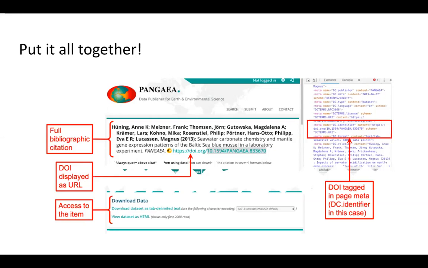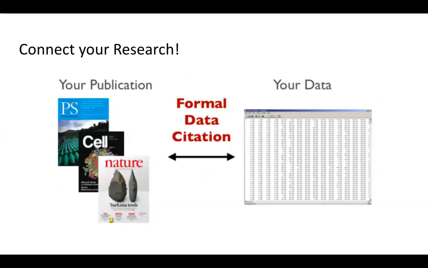It includes the DOI displayed as a URL. It provides a way to access the data. And then in the back end, the DOI is appropriately tagged in the code for the page. So again, a formal data citation allows you to connect your data with your publication.